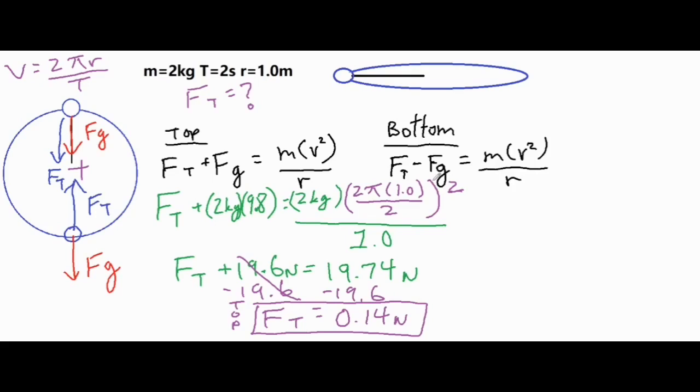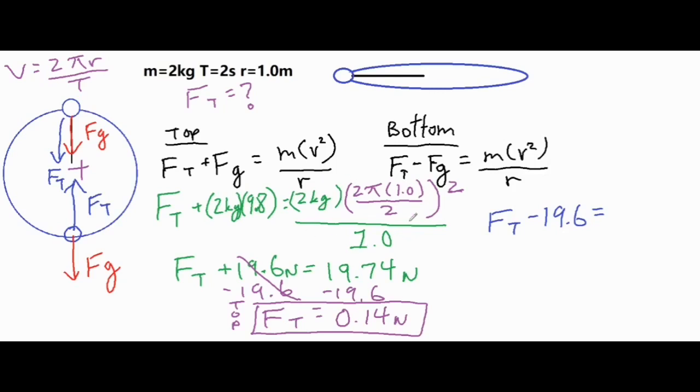Now, if we want to do our FT for the bottom, it's just going to be a slight change. We don't have to do very much work because we know most of our values. We just know that it's going to be FT minus FG. We already know FG is 2 times 9.8, so that's going to be 19.6, equals mv squared over r.